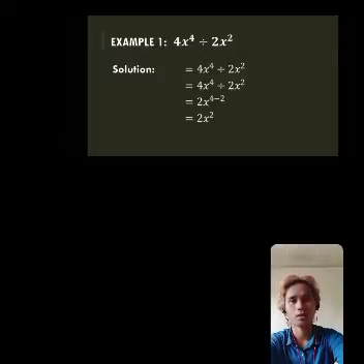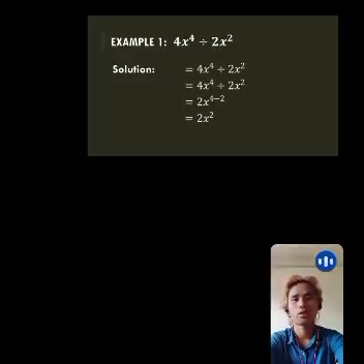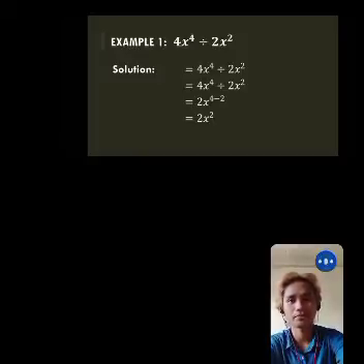That would be 4 minus 2, which is 2. So we have 2x squared. Okay, very simple, right? I hope so. So let us proceed to the next.